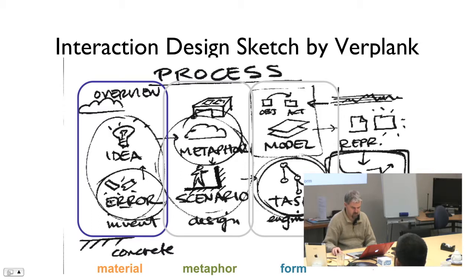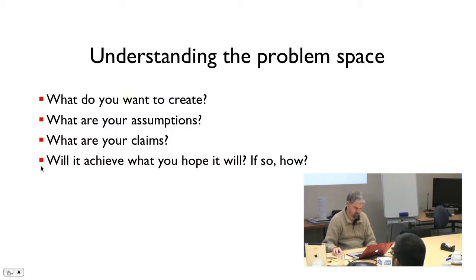Here's your idea, and in the middle is a set of metaphors. So the basic idea is to try and build a good metaphor that helps the user understand your mental ideas. Is it the user or is it the client? Well, the client is basically the end user.